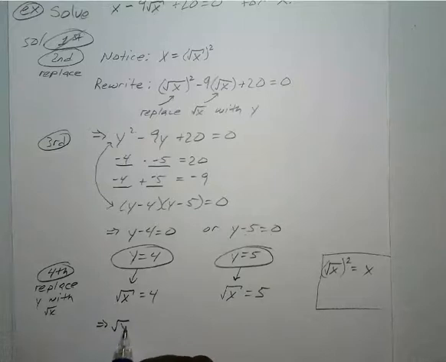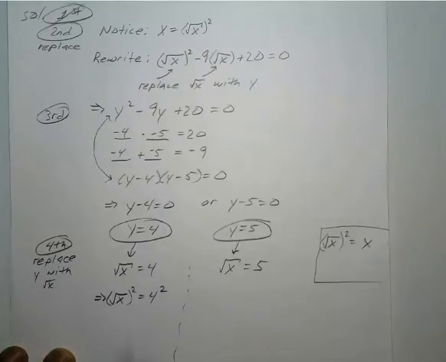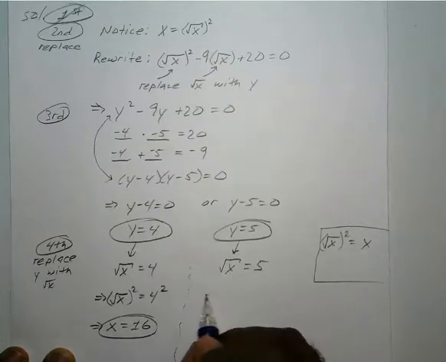So square root of x squared equals 4 squared. Let me kind of separate that a little. The square and the square root cancels out. So you end up with x equals 16. Same thing here.